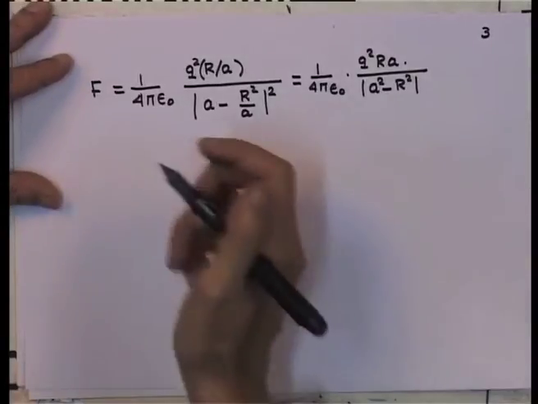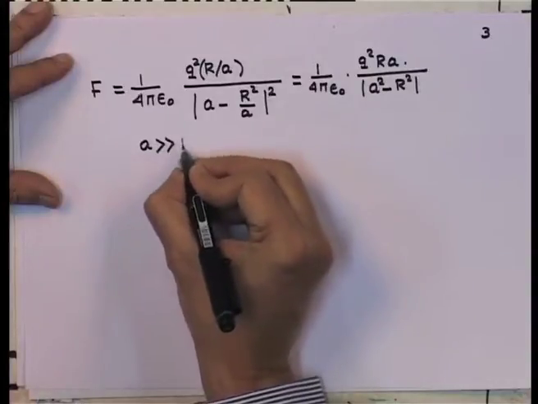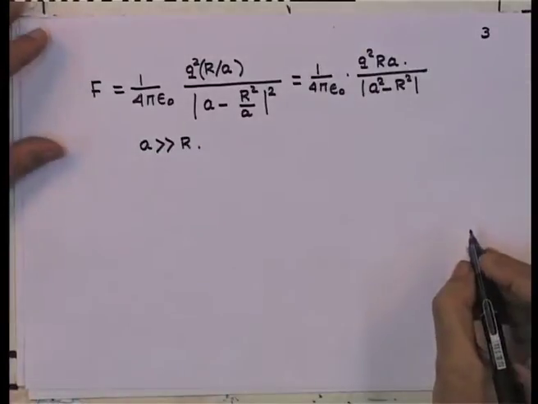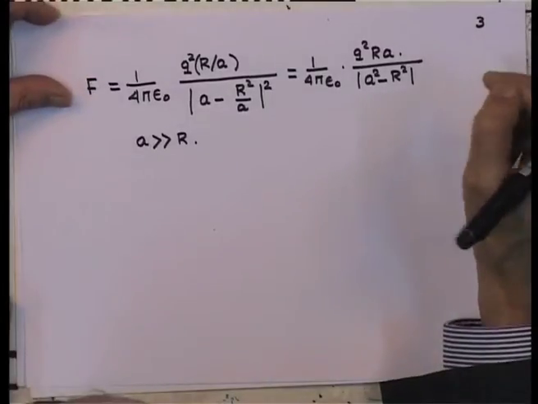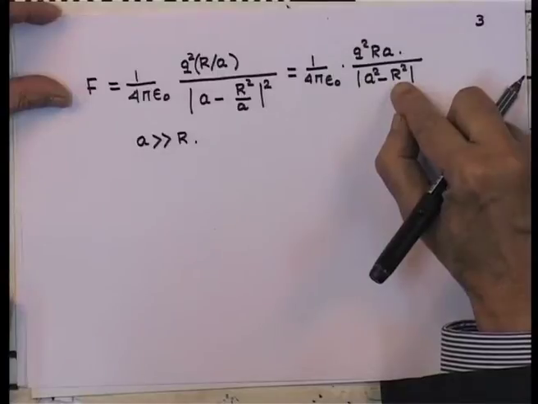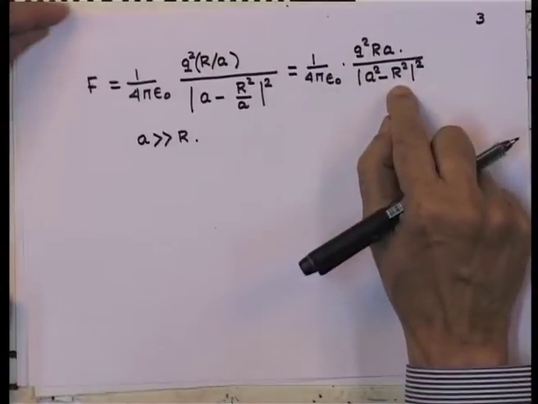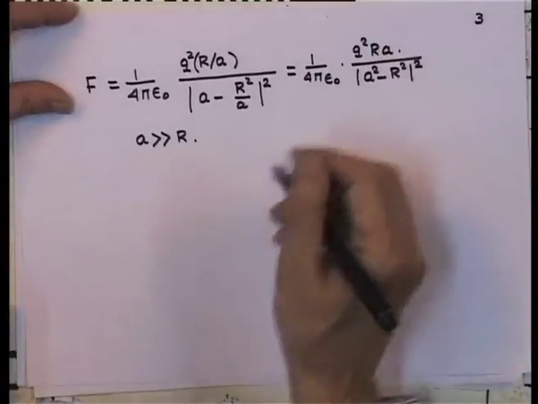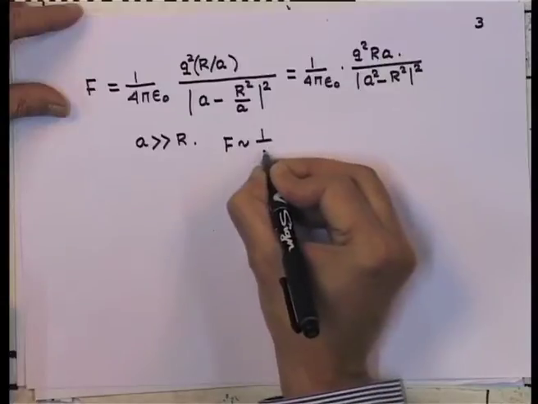Now, notice if I have a much greater than r, that is something which is fairly far off. Then if a is much greater than r, I can neglect this r square and get a fourth power in the denominator. So, my force would go as 1 over a cube.